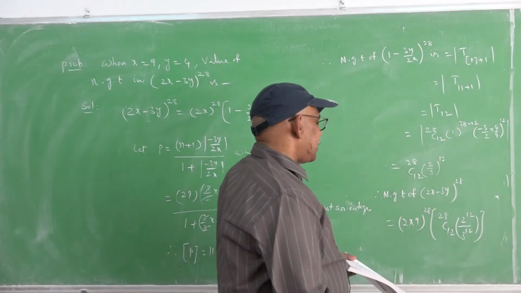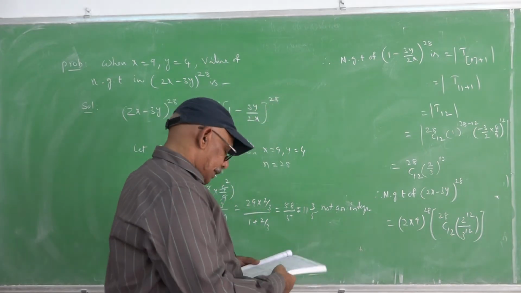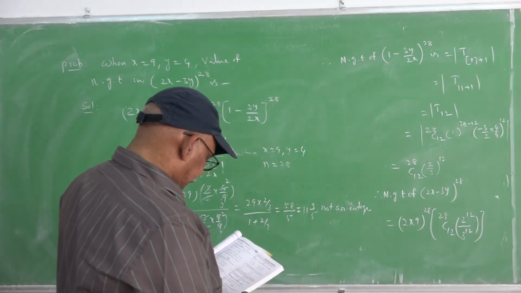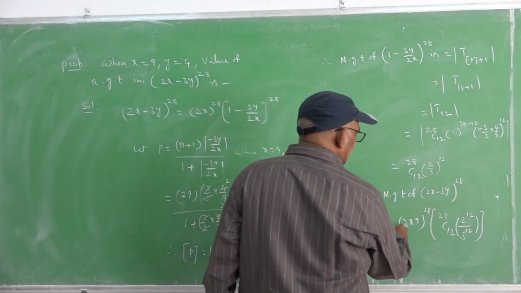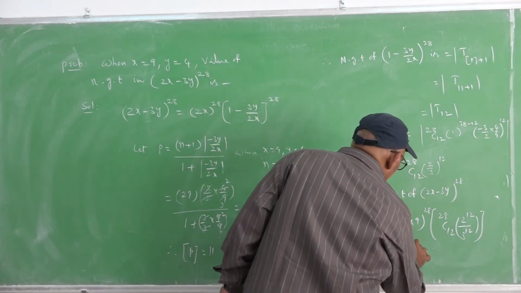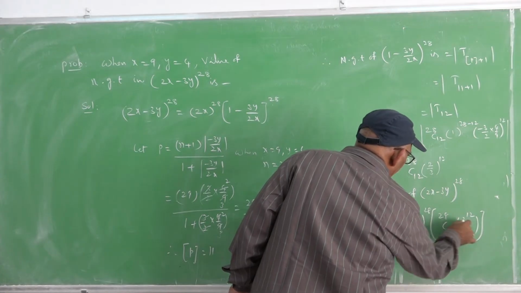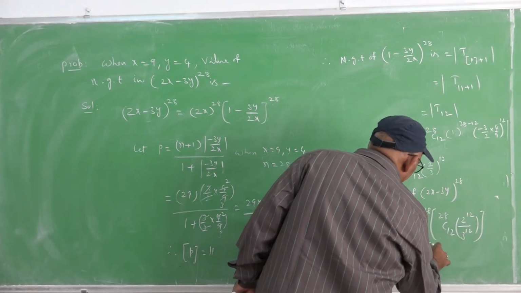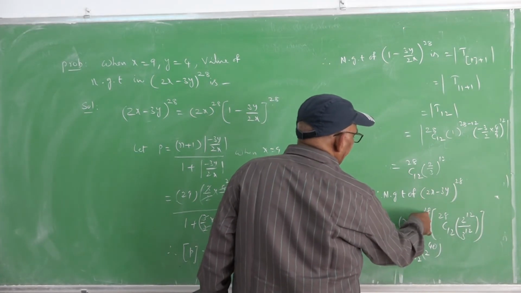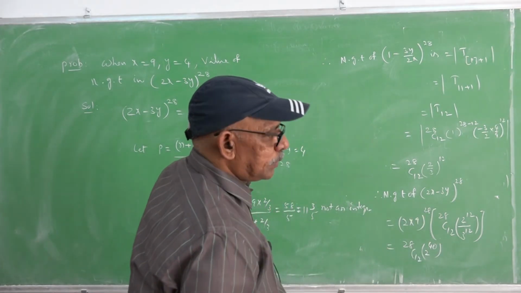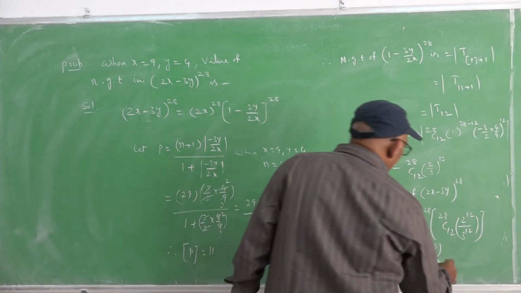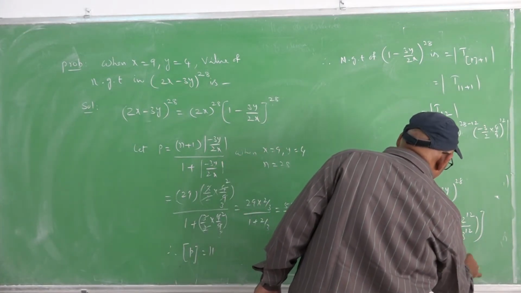Now on simplification, we get the required numerically greatest term. Collecting 2 powers, here we get 2 power 28, 2 power 12, 2 power 40. 3 power 56, 56 minus 12 gives us 44. 3 power 44.